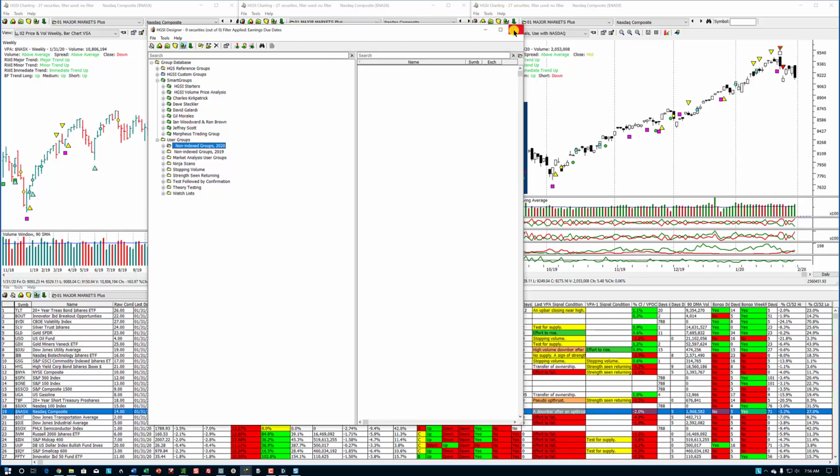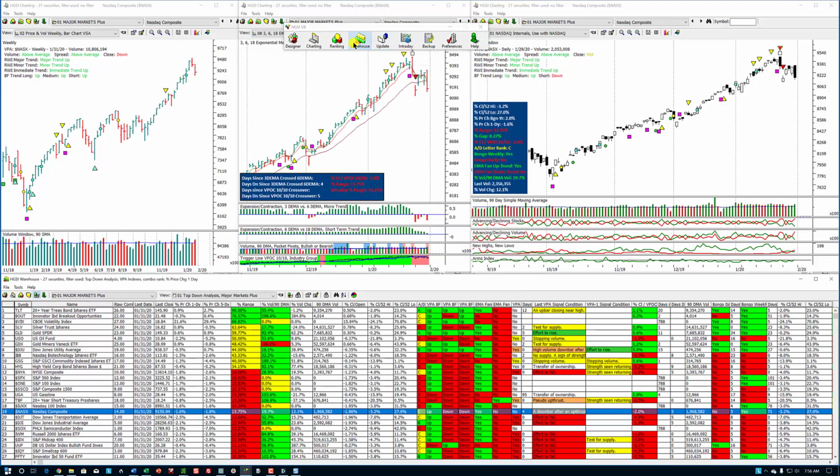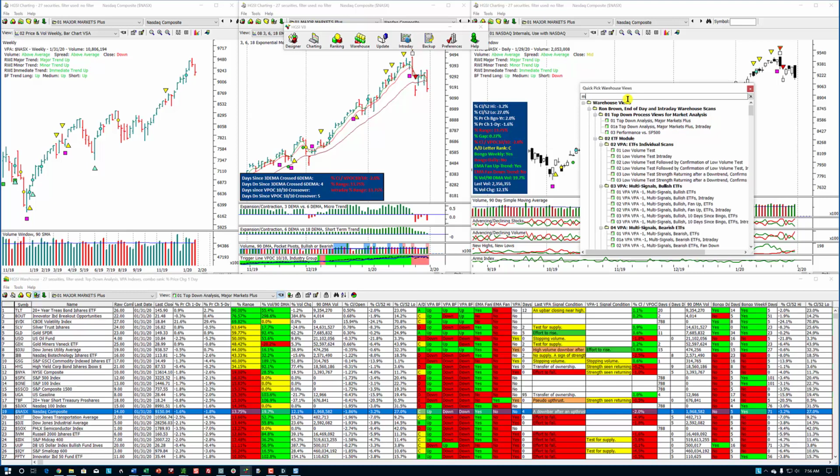This is important because several of my scans refer to these smart groups. For example, let me see if I can do this quickly. Bring up the warehouse views, which are already up. I'm going to search for, I'll just type in the word moving.